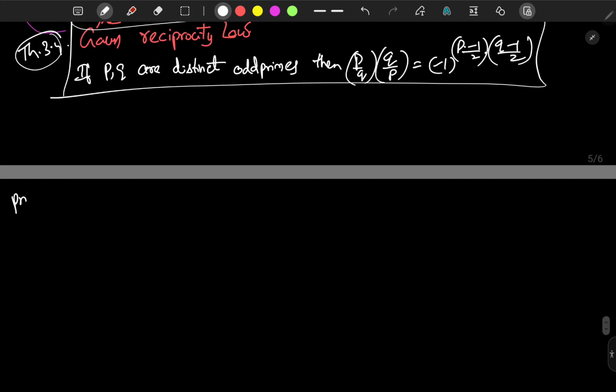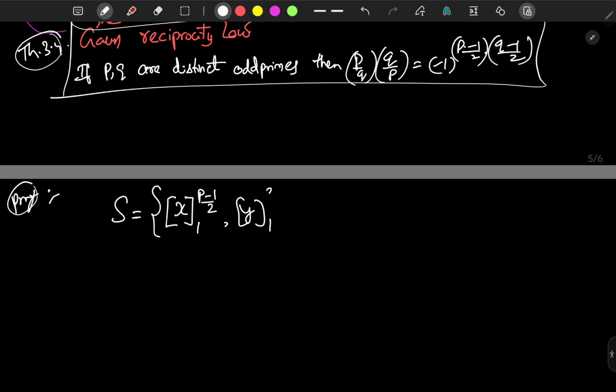Now the proof is again simple. Just understand that. Let S be the set which consists of all the values of x, and all the values of y which go from 1 to (q - 1)/2.